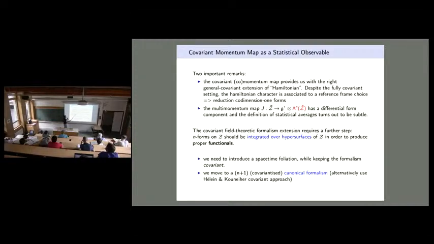This differential part already tells you that you cannot take the average of this object, because somehow the form is already saturated by this. So you cannot take integrals of this. The point is that this object is not a proper functional at this point. So you need to first smear somehow, so integrate this over some hypersurface.